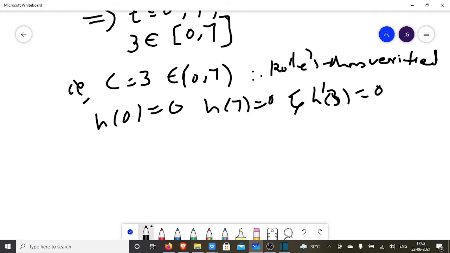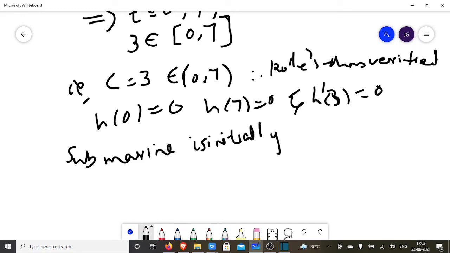Now we have to interpret the result using these values. The submarine is initially on the surface, that is h of 0 is equal to 0.